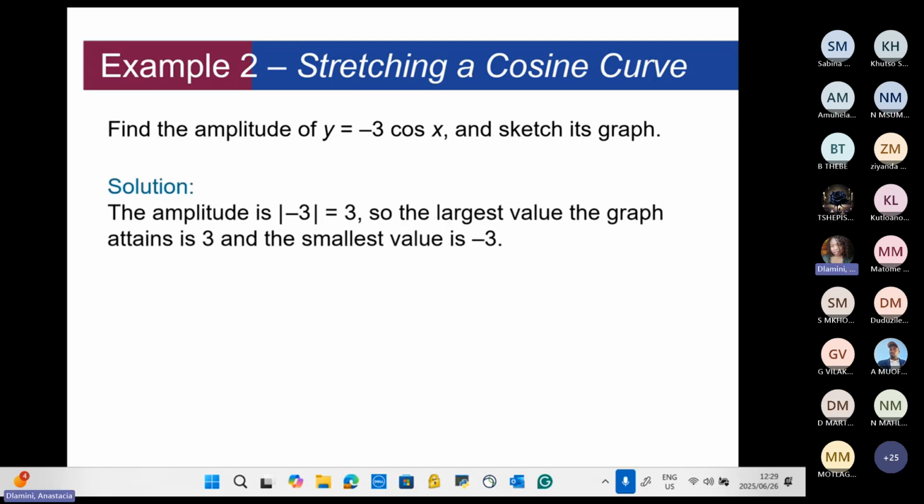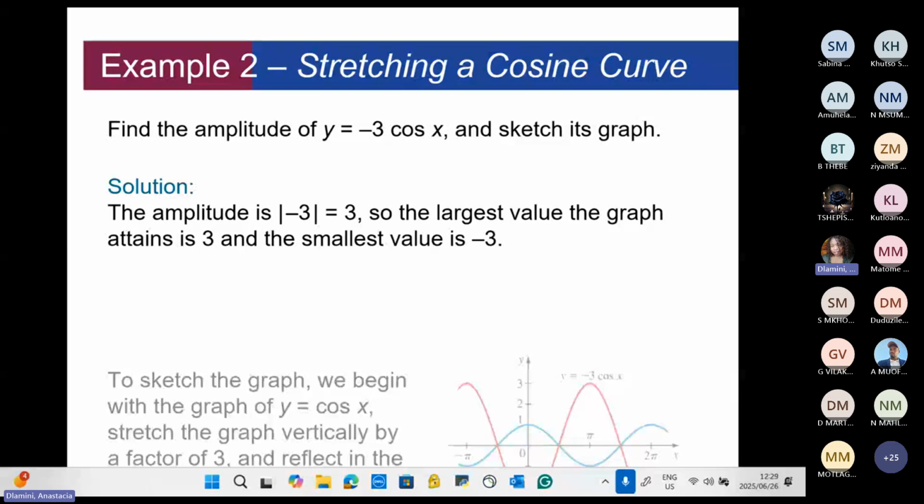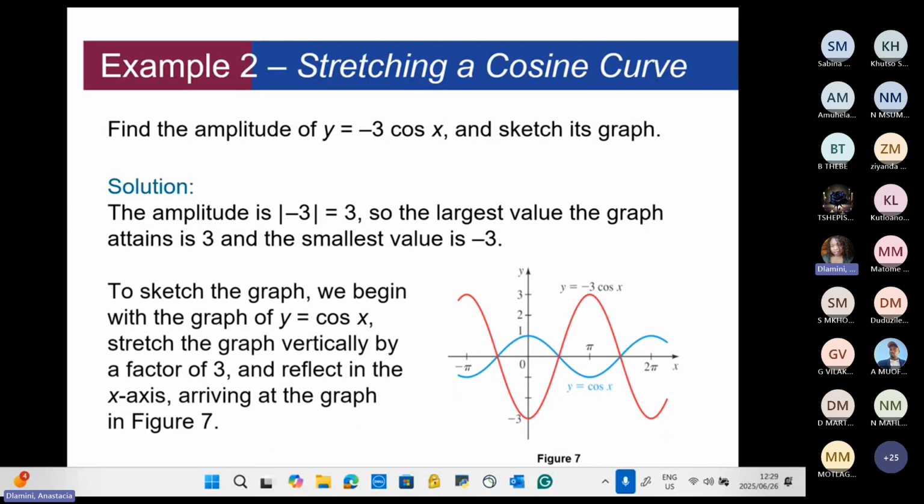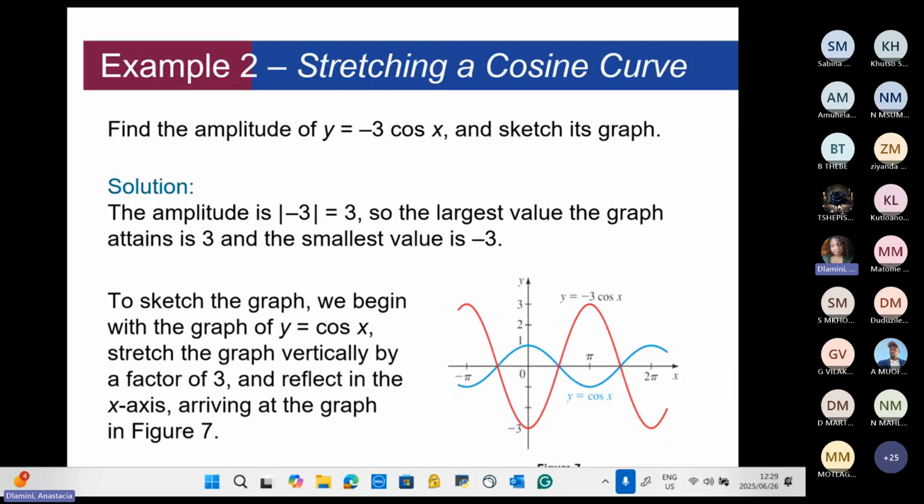So here they say the amplitude is positive 3. So the largest value of the graph is 3 and the smallest value is negative 3. To sketch the graph, we begin with cos. Remember, they said we begin with the initial cos. Then we stretch the graph vertically by 3 units, so we get y equals 3 cos x.